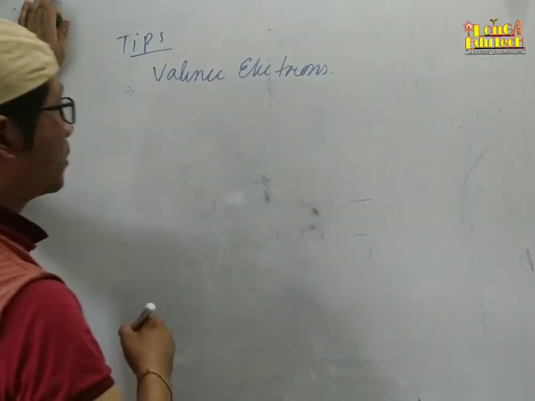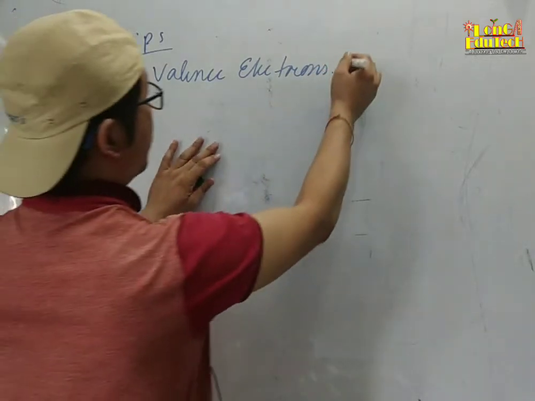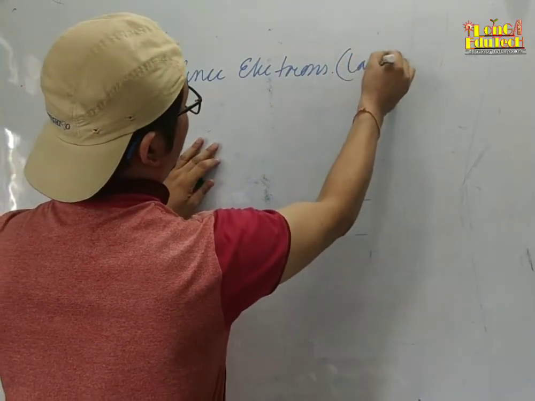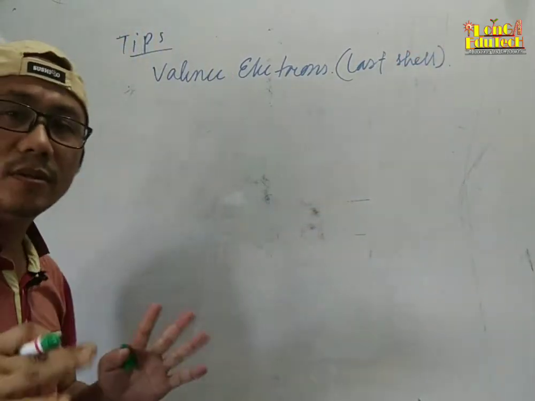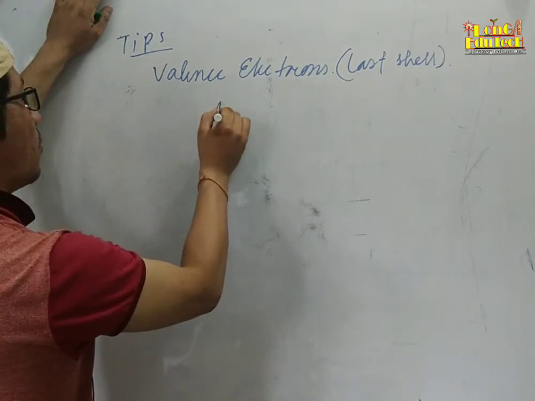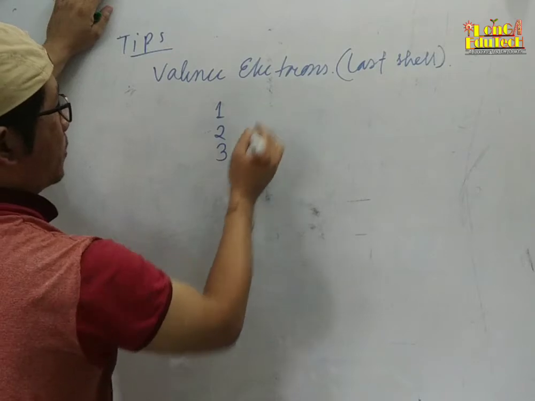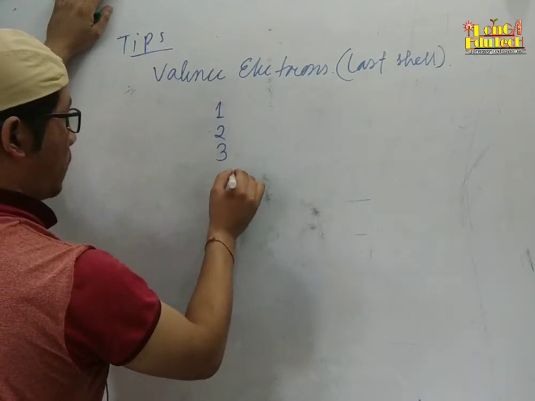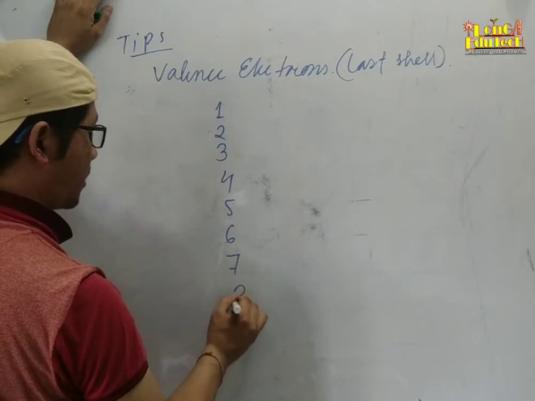Valence electrons. Okay, valence electron, that is the last cell, that means the last cell where the electrons enter. We have to know, okay? So the valence electrons may be 1, 2, 3, 4, 5, 6, 7, 8, as we know.